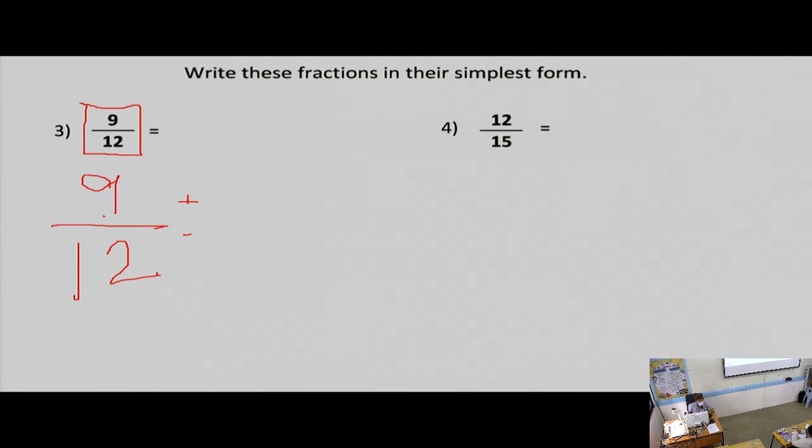Since this is 9 and 12, you can divide it by 3 over 3. 9 divided by 3, what's the answer? 3. 12 divided by 3, what's the answer?